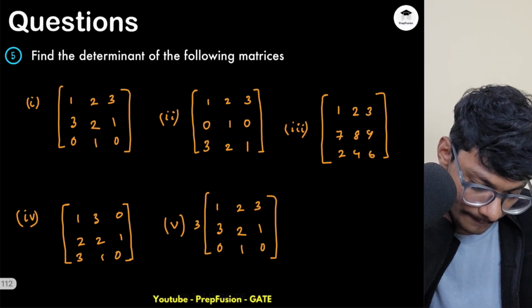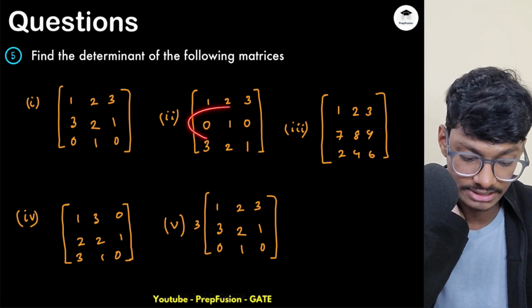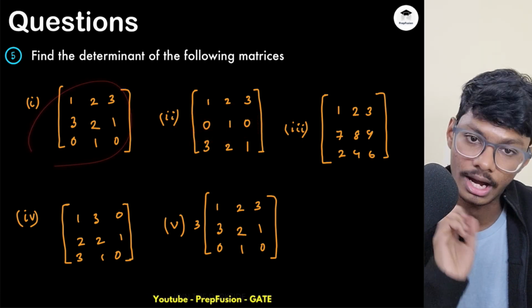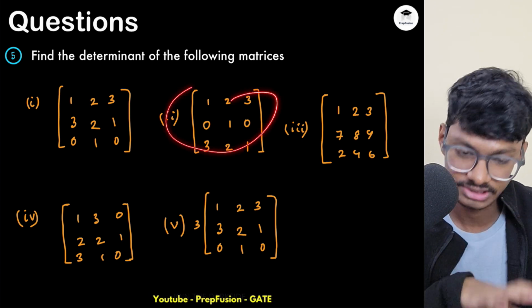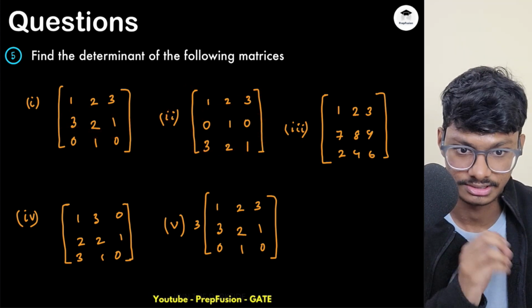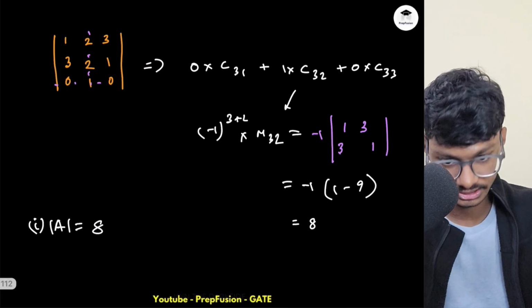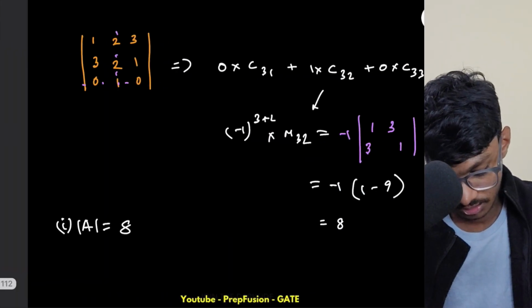Now let's solve the second case. Again I'm observing that in the second row there are the maximum number of zeros. Also, one thing I'm observing is the rows are the same, just the second and the third rows are interchanged in this case. Does it have any relation with the previous determinant? Let's see that. Let me just copy this.